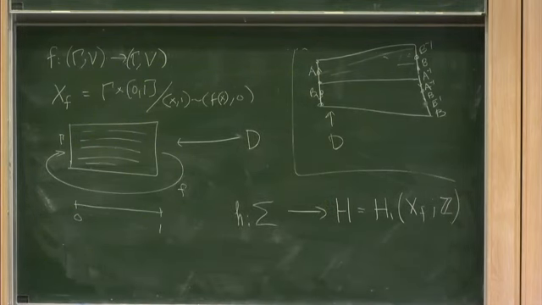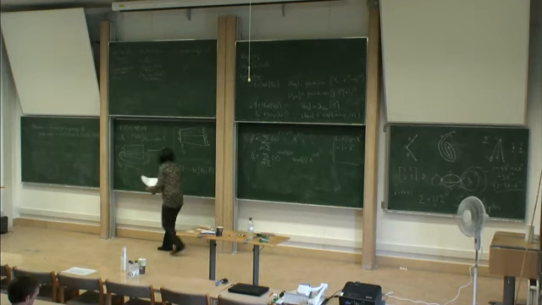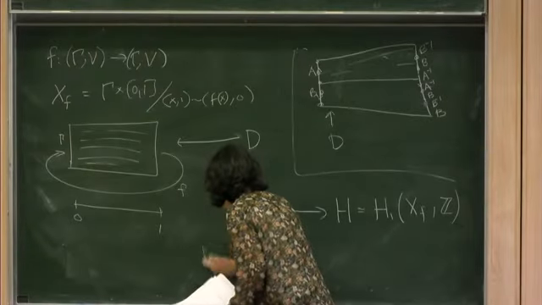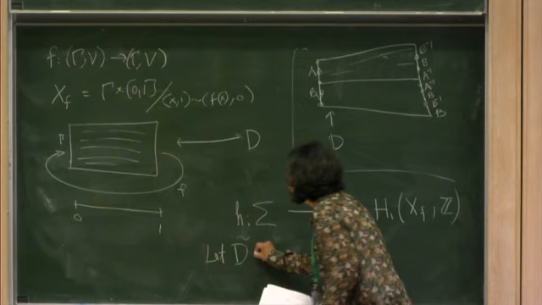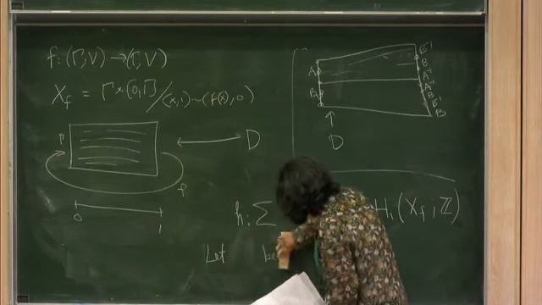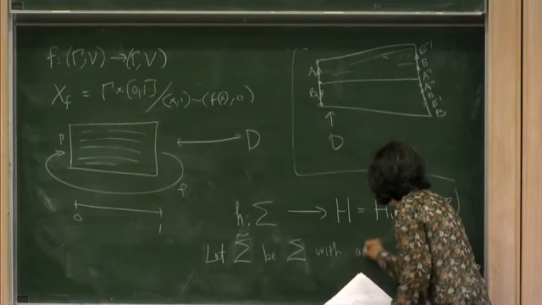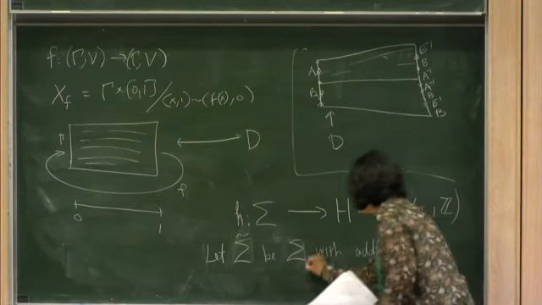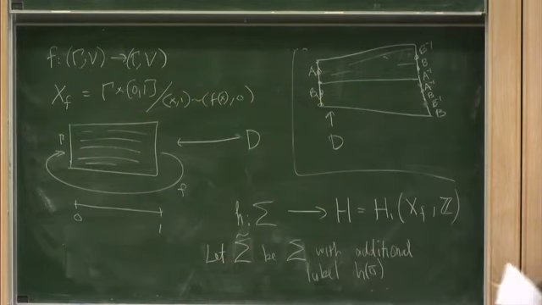And so now we can add to our labels. And for each of the cycles here, we can give a group element, an element of H. Okay, so we can add to D, let D be more decorated, be sigma, sorry, I meant sigma, with the additional labels, H of sigma on each sigma.